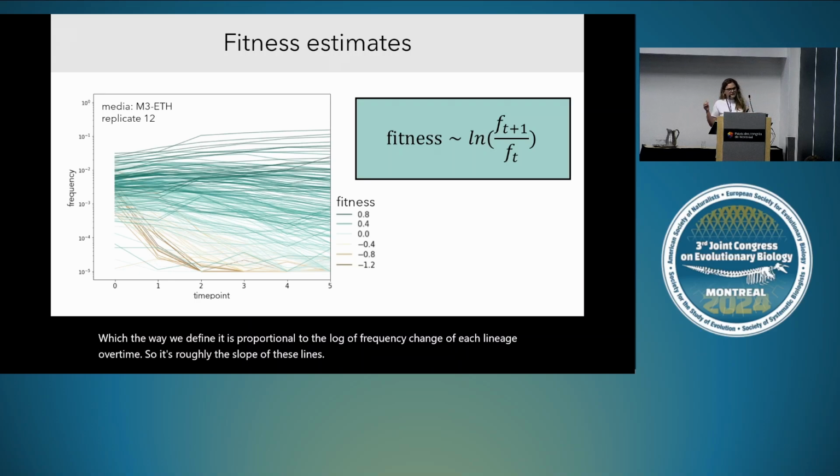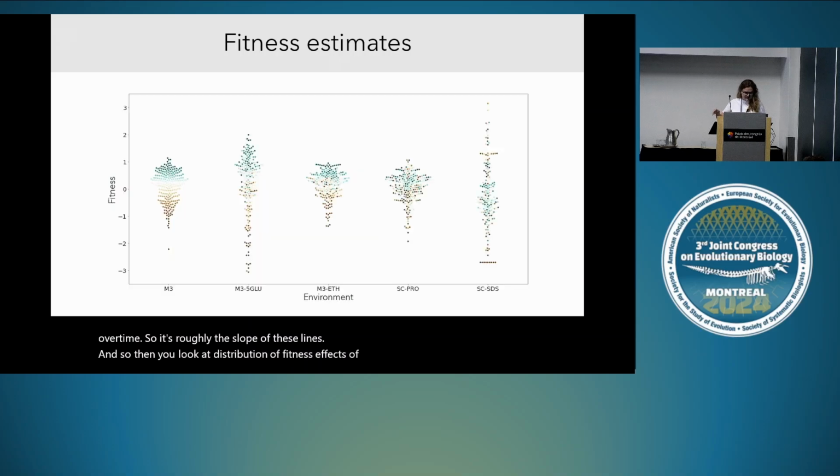And so then we can look at the distribution of fitness effects of all these natural strains across different environments. So in this plot, each dot is an individual strain, and they're colored by their fitness at M3. And I hope you can appreciate that the initial fitnesses are shuffled enough across environments, and this is what we wanted to achieve.